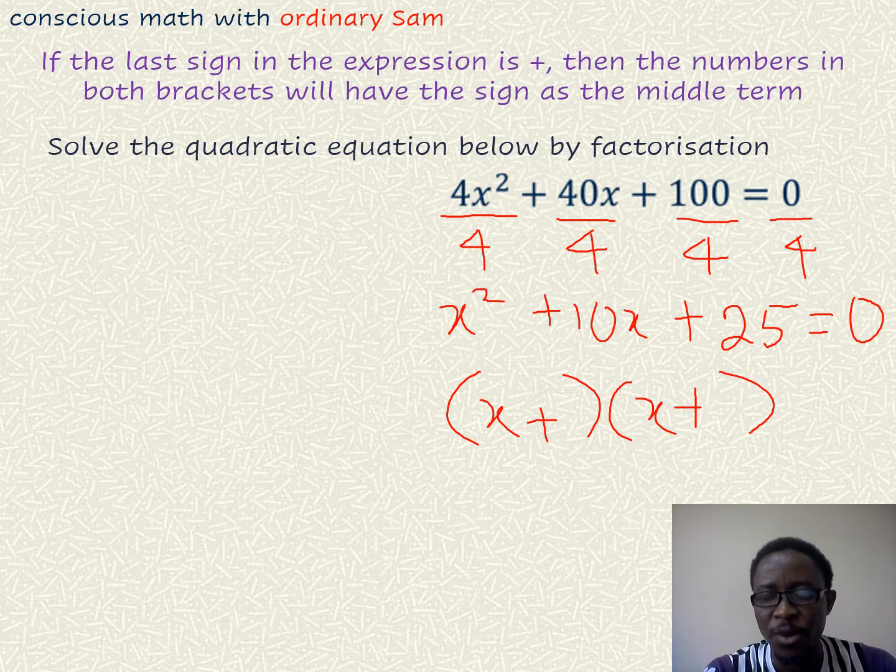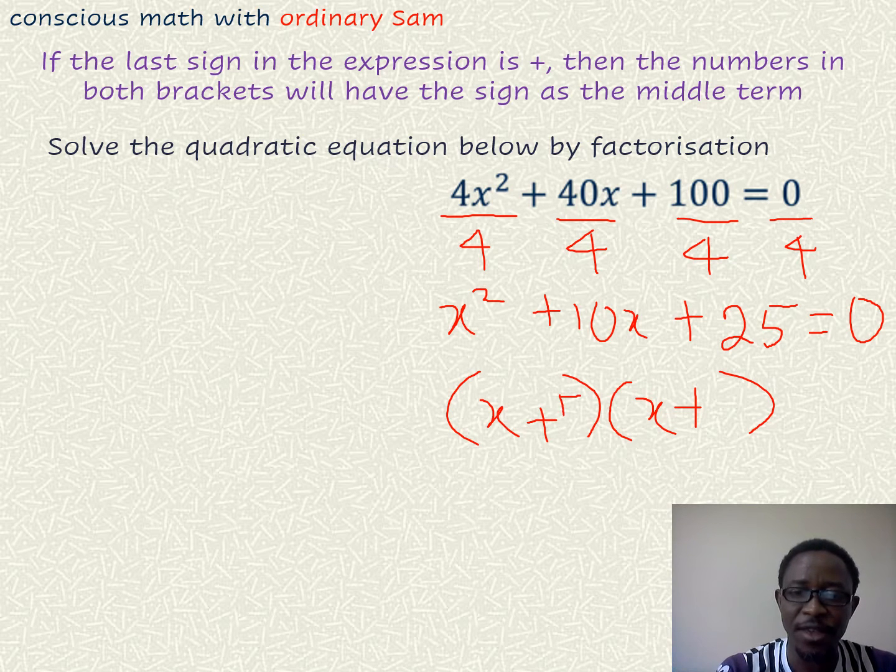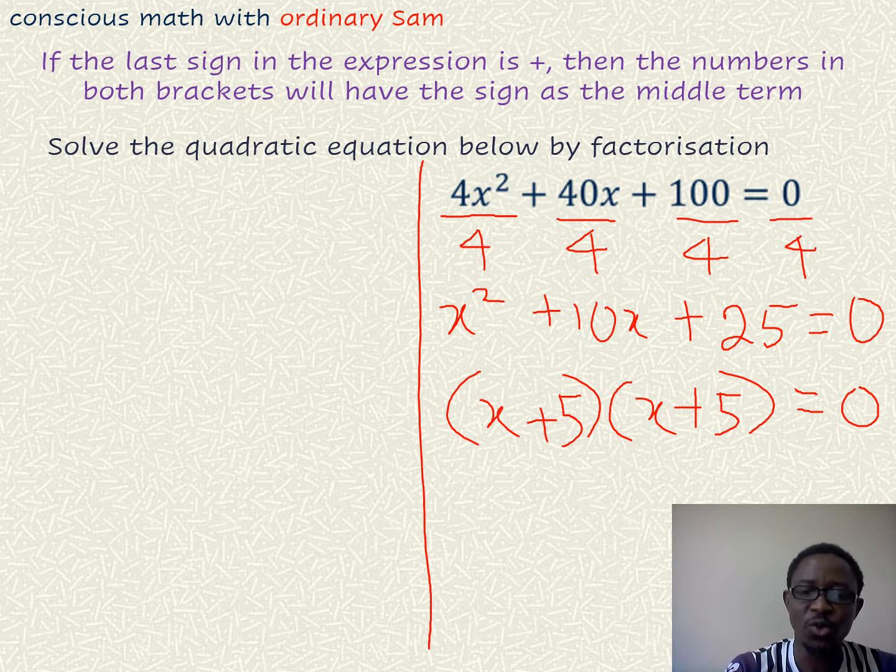Then ask yourself, what are the two numbers that when I multiply, I will get 25? And when I add them, I will have 10. The number is 5. So I'll write 5 here and 5 here. Remember to put your equal to 0. We all know that for two numbers to multiply and the result becoming 0, at least one of them is 0.